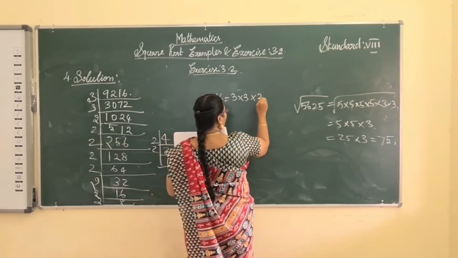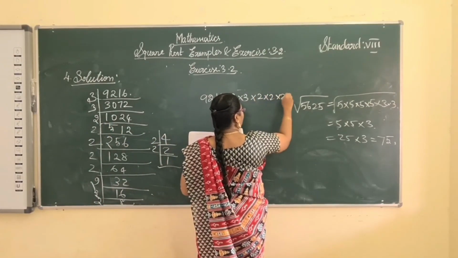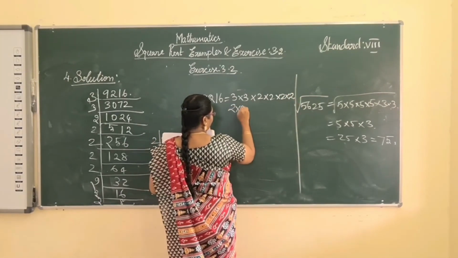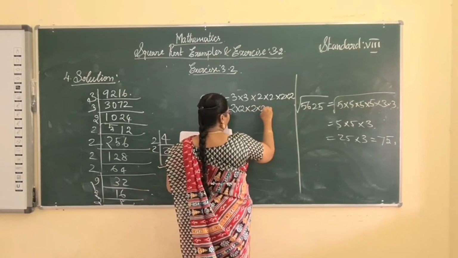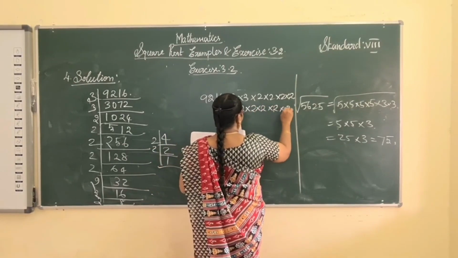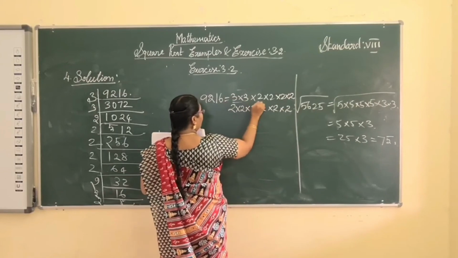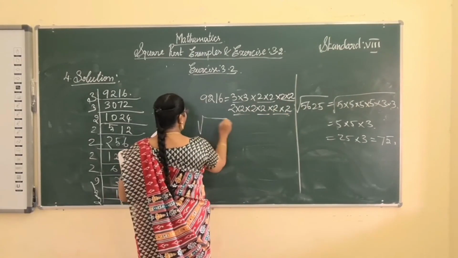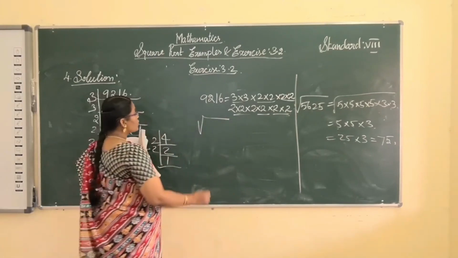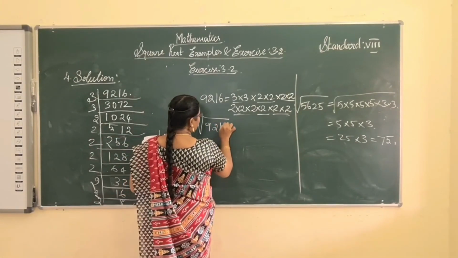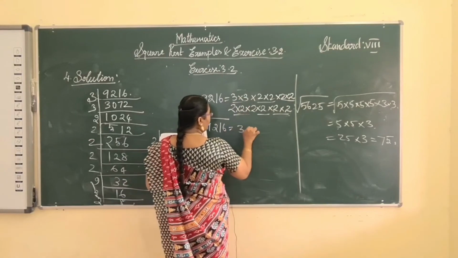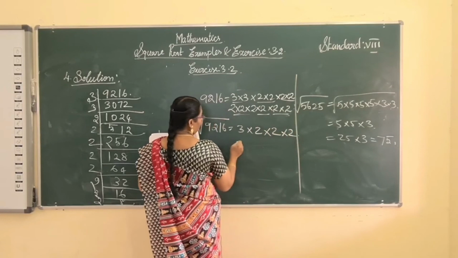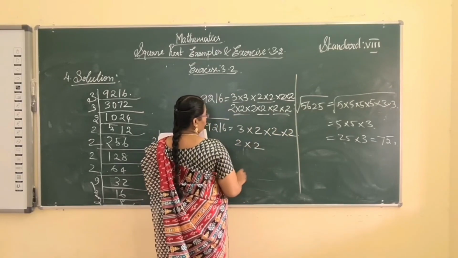So we have to find the square root. The square root of 9216 is equal to 3, 2, 2, 2.